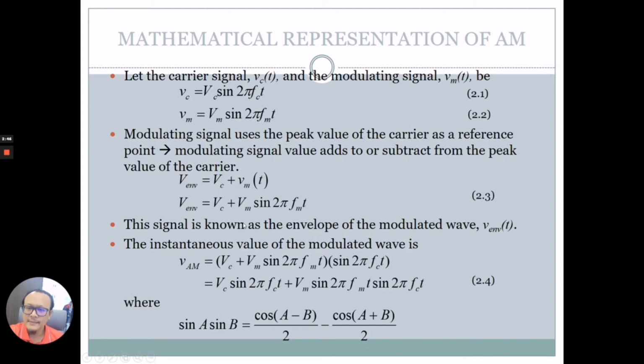So this is the mathematical representation of amplitude modulation. Let's say the carrier signal VC(t) and the modulating signal VM(t) are like this, equations 2.1 and 2.2. VC(t) equals VC sine 2 pi FC t, and VM(t) equals VM sine 2 pi FM t. F is the frequency, t is the time, and V is the voltage of the signal.